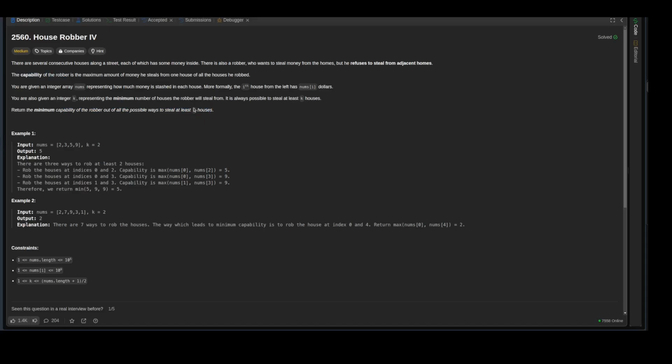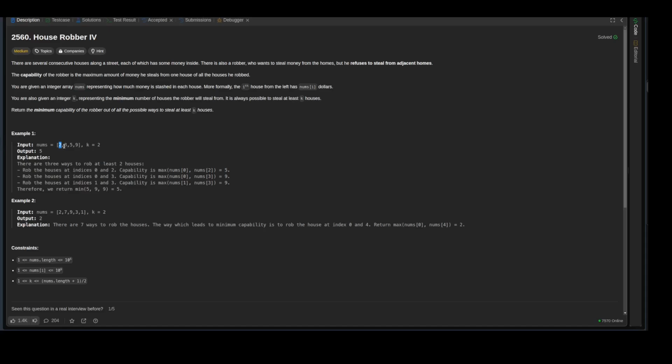So there is a condition that at least k houses have to be stolen, and another condition is that he can steal at least k houses in any way, but they want the capability of the way of stealing the houses to be as minimum as possible. So yeah, let's go to the first example.